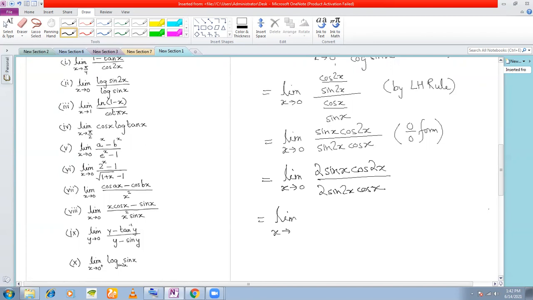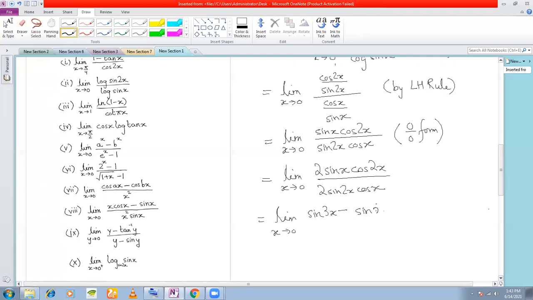So this is sin a cos b, which is sin(a plus b), 3x, plus sin(a minus b), which is sin of minus x. But sin of minus x is equal to minus sin x. So this will simply be minus sin x.